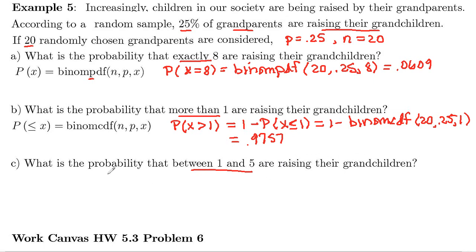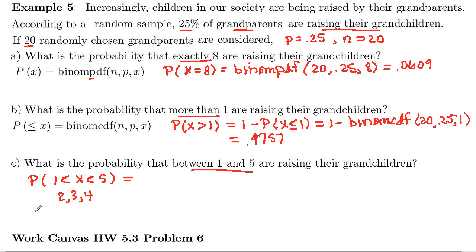And then lastly, what is the probability that between 1 and 5 are raising their grandkids? So this is saying the probability that our random variable, our X here, is strictly between 1 and 5. Well, we have to write this in terms of less than or equal probabilities, right? So strictly between 1 and 5, that's going to be 2, 3, or 4. That's what we want there.